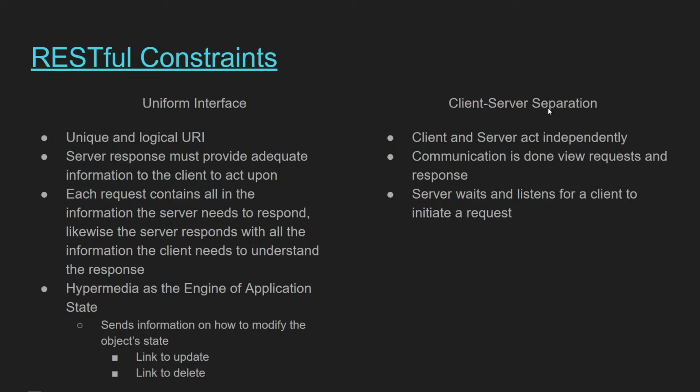Okay, so the constraints when we talk about uniform interface are the following. You have unique and logical URIs. No two URIs should be able to point to the same resource. That doesn't make any sense, and in fact it's common sense, right, that we would agree on that.